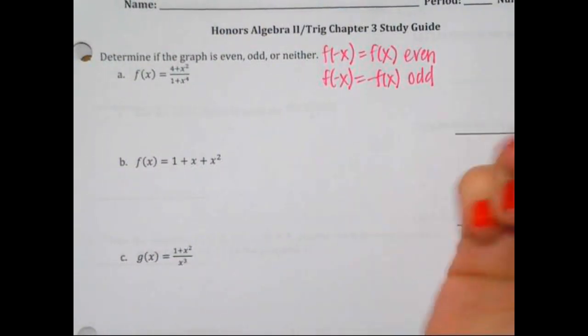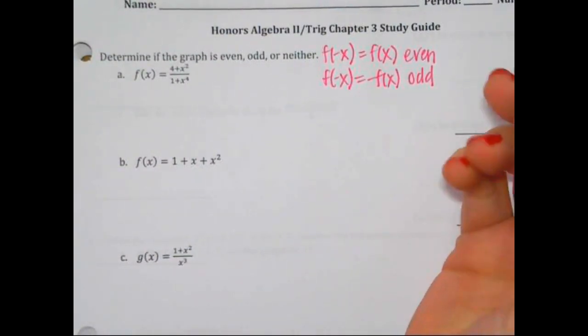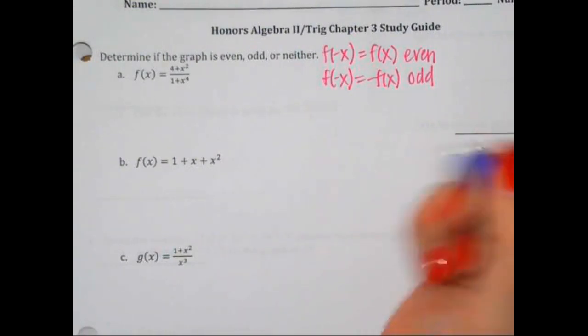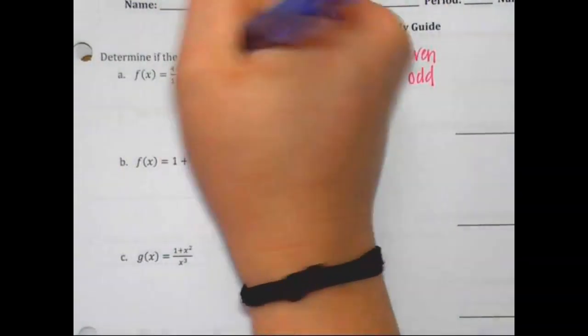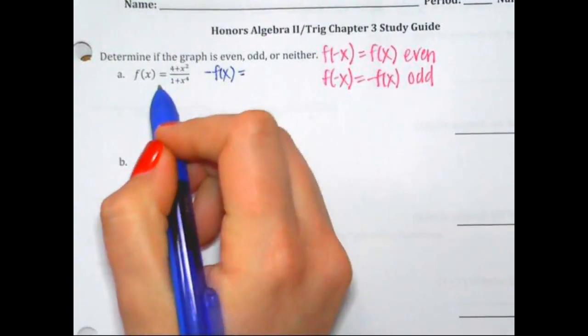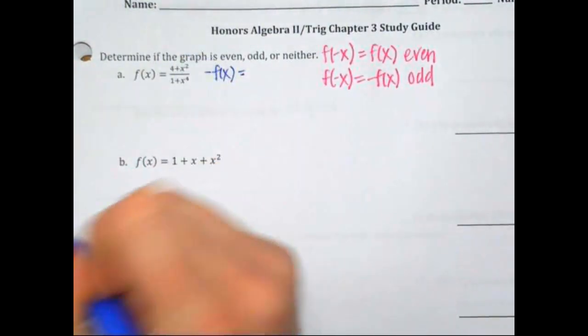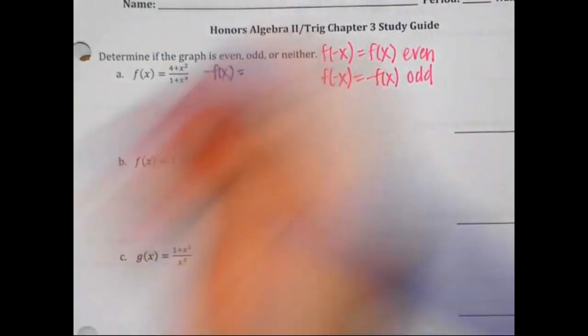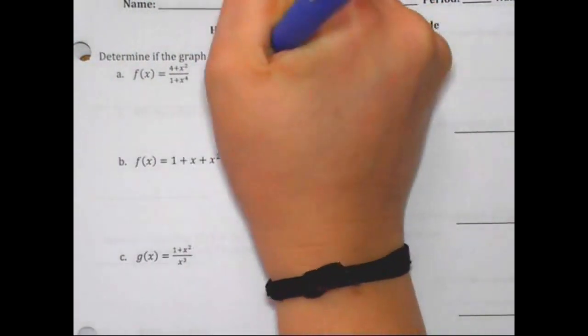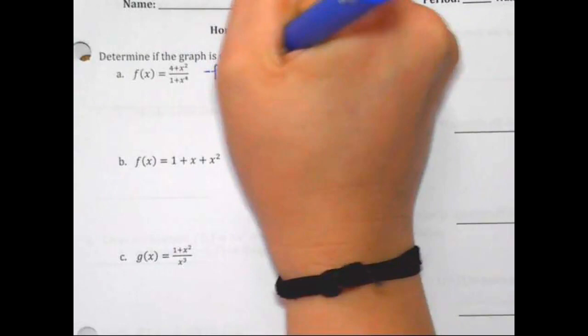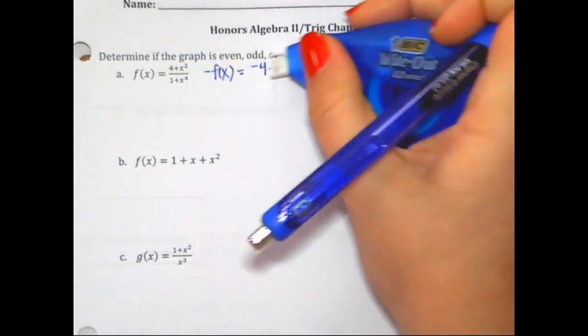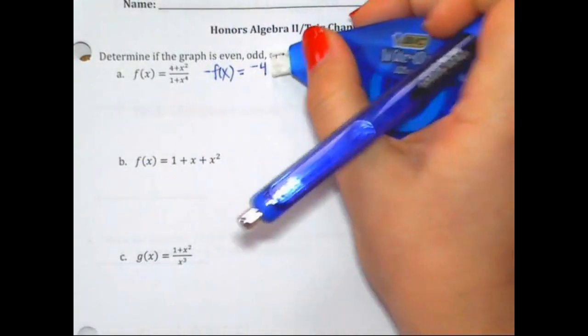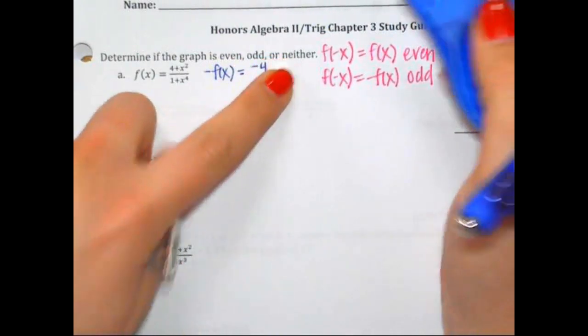So I always like to start by looking at what negative f of x would be. Now remember, this is a fraction. So when we multiply a fraction by negative 1, we can either multiply the top by negative 1.